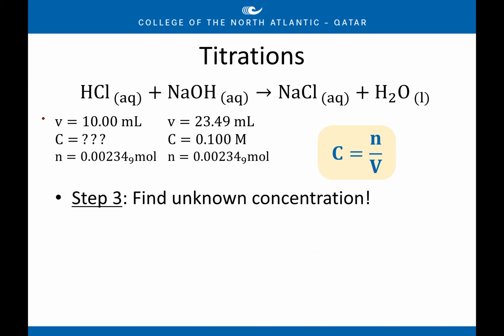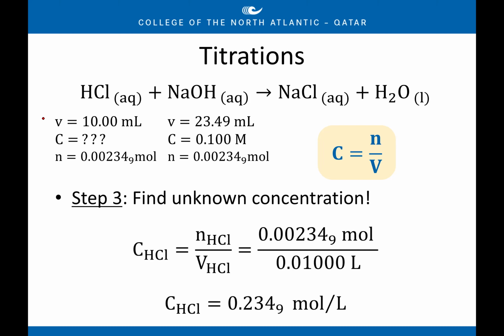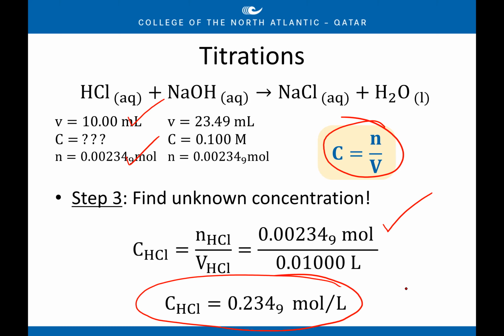So step number 3 is I need to actually answer this question and find the unknown. So I use my equation. Concentration is moles per liter. I know the moles of HCl. I also know the volume of HCl. So I divide the two numbers and I get my answer.